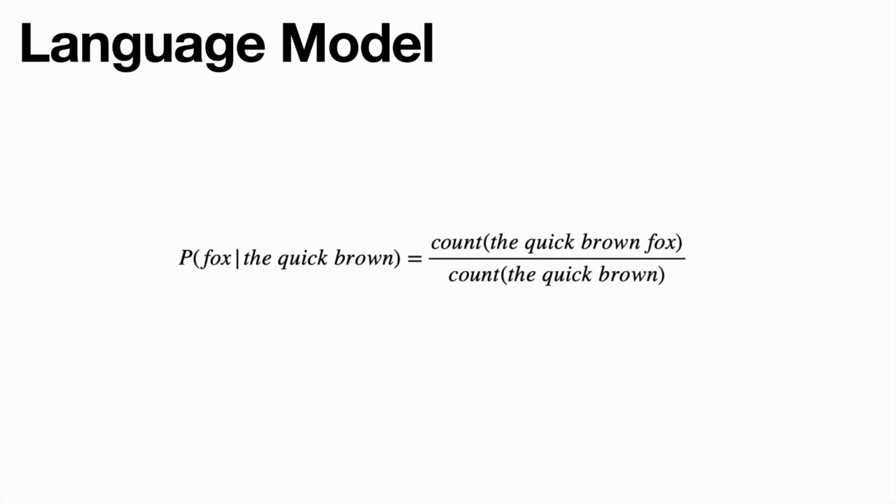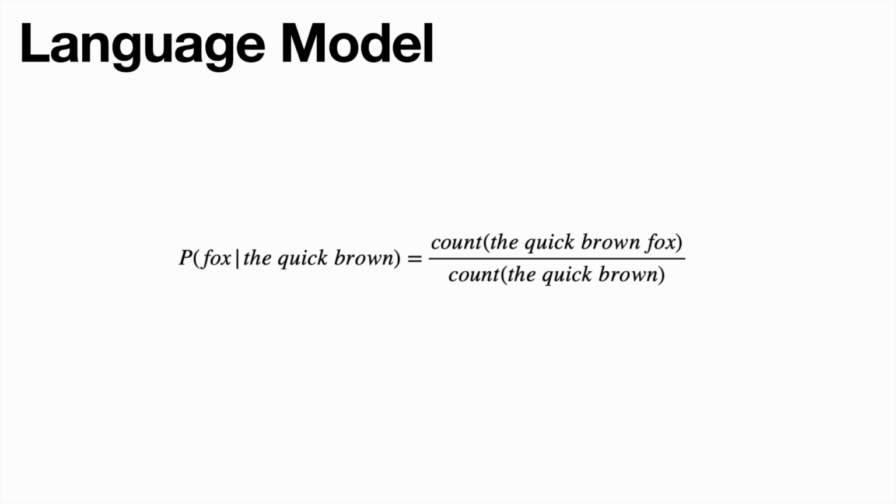So we can use that to decide the probability of fox coming after "the quick brown". This is just to give the idea. This is not how we create language models, but it is a basic idea.